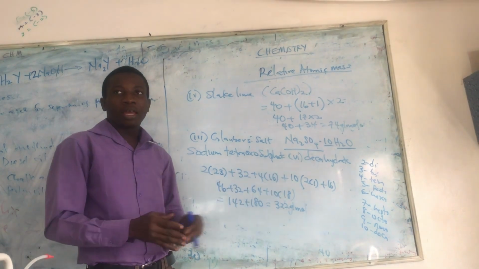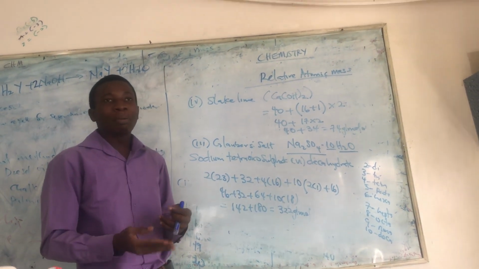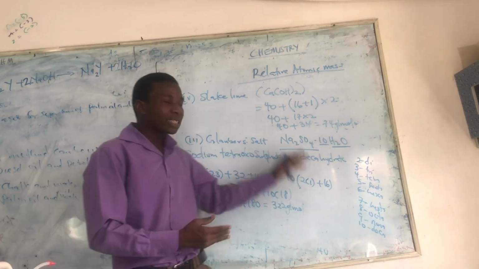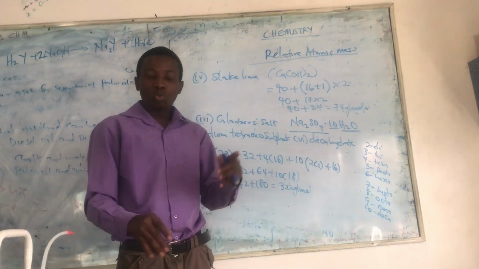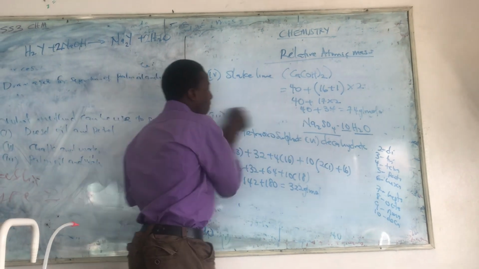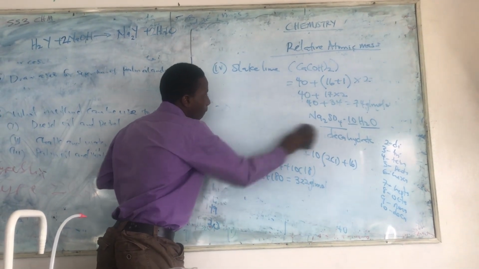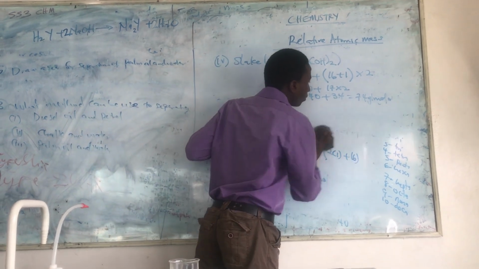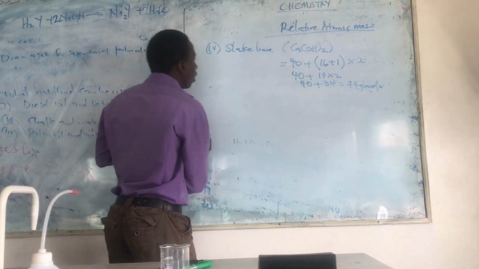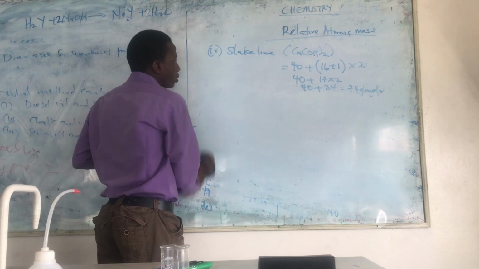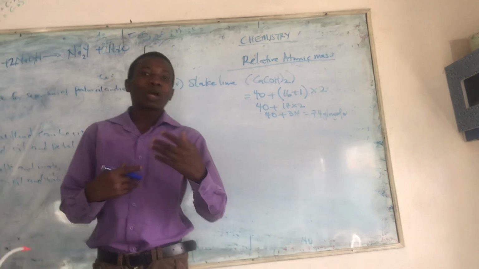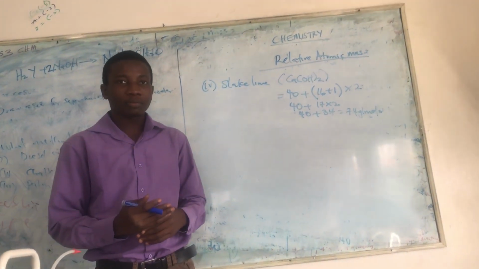So from here, there are some questions where you might be told to calculate the percentage by mass. So I will also move to the percentage by mass, then we stop there for today. Now, some questions might require you to calculate the percentage by mass.